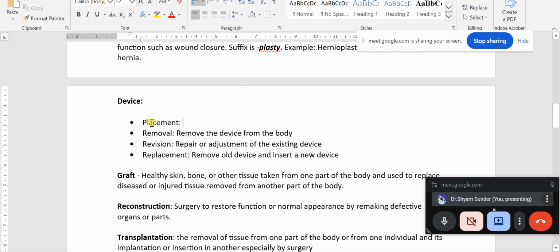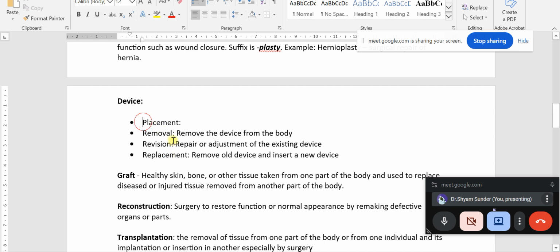Initial placement, you have separate CPT codes. Whatever that is placed, if you are removing after 1 or 2 months, you have separate codes. Or if you are adjusting the device which is placed earlier, that is called revision. And replacement is you are taking out the old device and putting a new one. That is replacement.